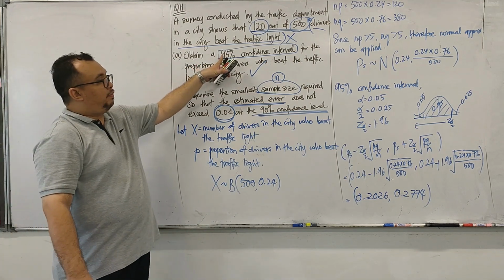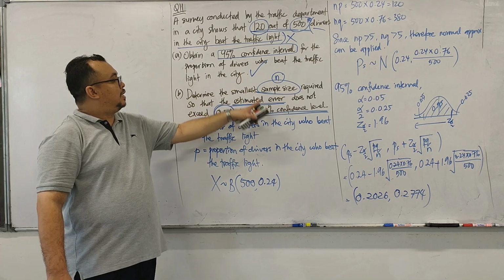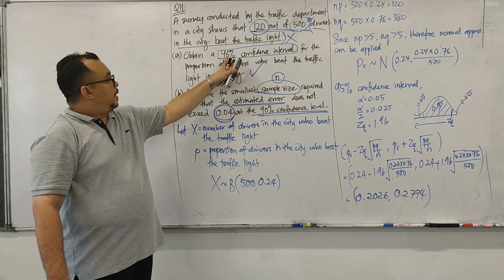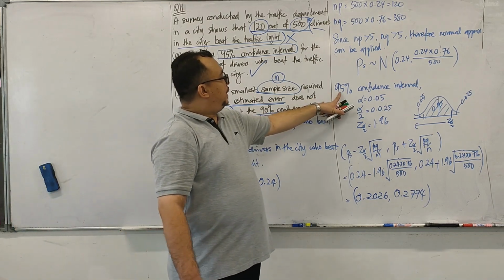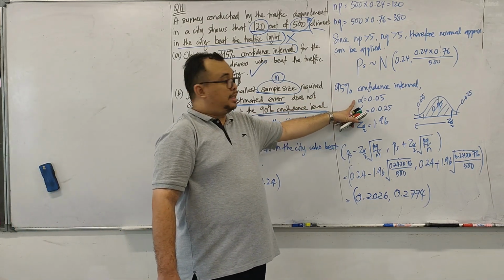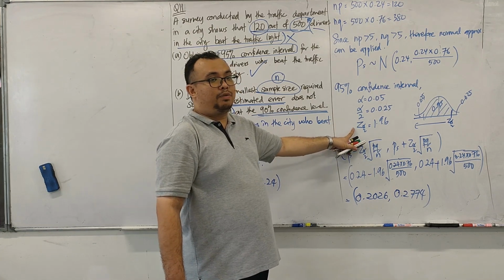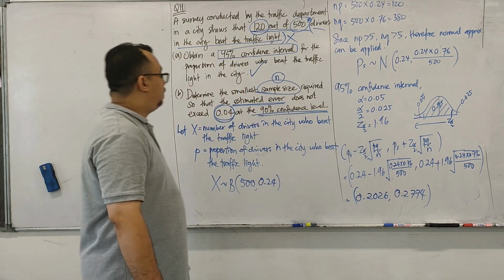This one is 95%, this one 90%. When you change your confidence level, okay, so awak tukar awak punya confidence level, your alpha will change, alpha over 2 will change, z alpha over 2 will change. So you must find your new z alpha over 2.